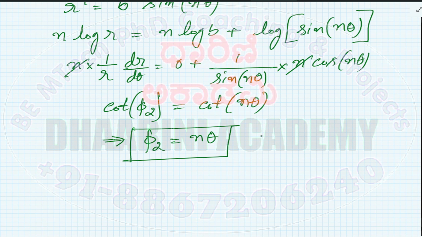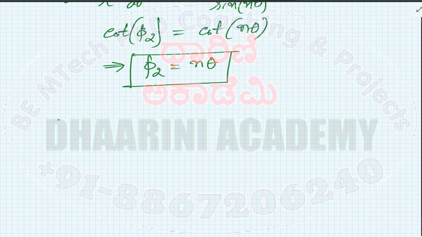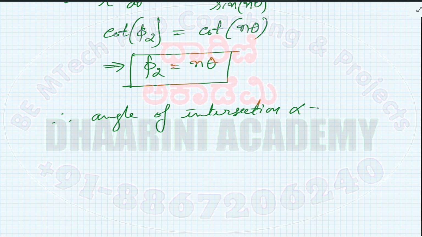All right. So now what I need is alpha. Therefore, the angle of intersection alpha is given by the magnitude of phi 2 minus phi 1. That's the equation.